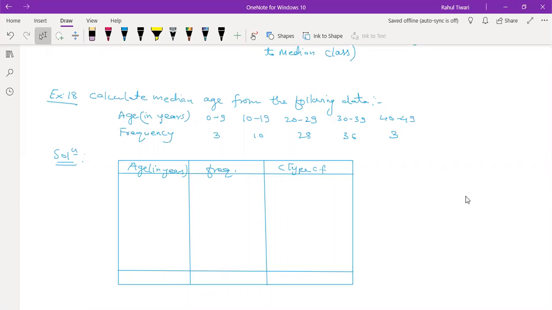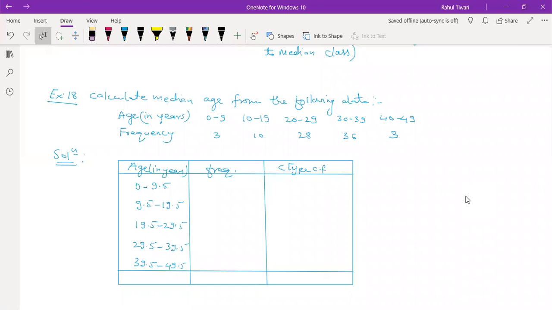The first condition you need to check is whether the age is given as discrete or continuous. You can see this is discrete, so we first have to make it continuous. So it is 0 to 9.5, 9.5 to 19.5, 19.5 to 29.5, 29.5 to 39.5, and 39.5 to 49.5.